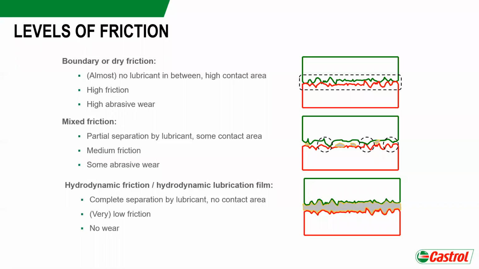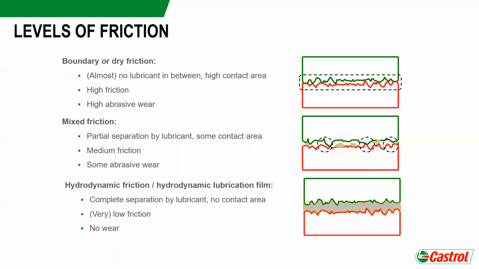When the lubricant film starts to be built up, these moving parts are partially separated from each other, but we still have some contact of the surface roughness. This results in medium friction and some abrasive wear.